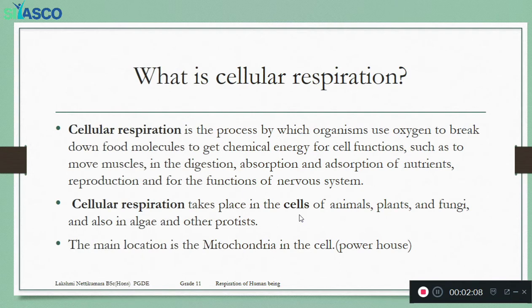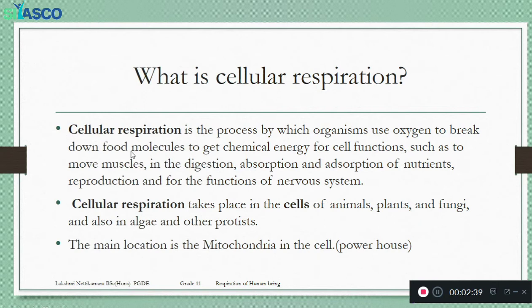Now, understand what cellular respiration is. Cellular gives you an idea: the respiration happens within the cell. So, what kind of activity is it? It is the process by which organisms use oxygen to break down food molecules to get chemical energy.